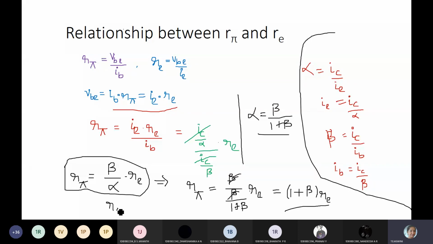R pi is equal to 1 plus beta into RE, so RE is equal to R pi by 1 plus beta. R pi by 1 plus beta, ma'am. Just remember these formulas. Is this clear with the relationship?